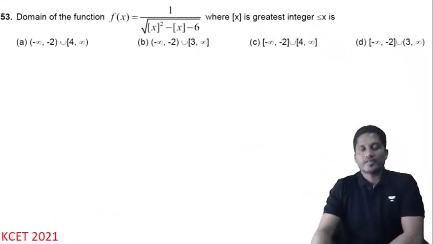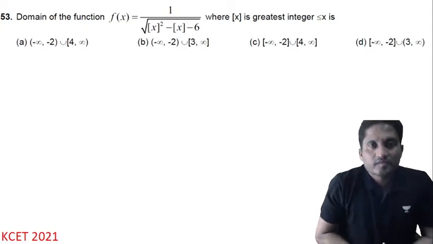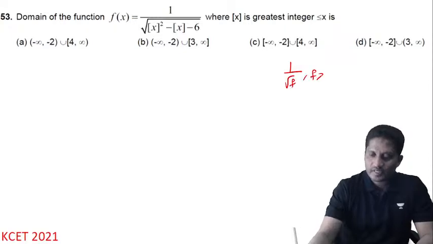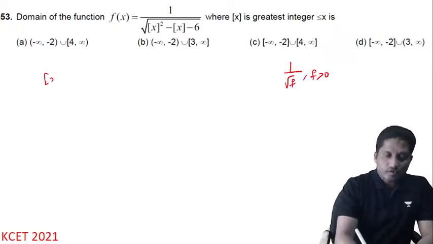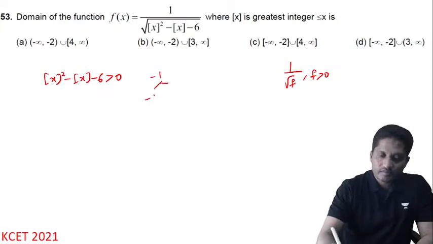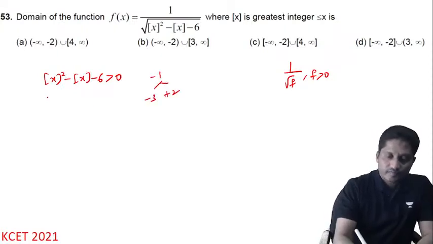Question number 53. What's the domain of this? See, 1 by root f is defined only when f is strictly greater than 0, right? So box x the whole square minus box x minus 6 should be positive. If I split the middle term, minus 3 plus 2, that is box x minus 3 into box x plus 2 is strictly greater than 0.